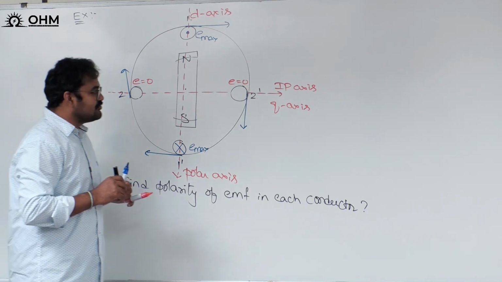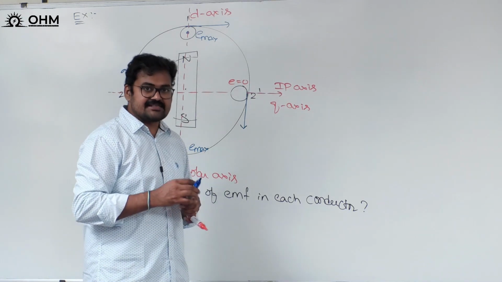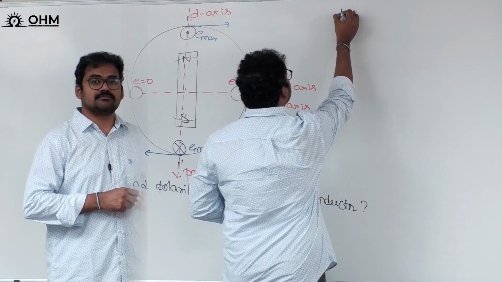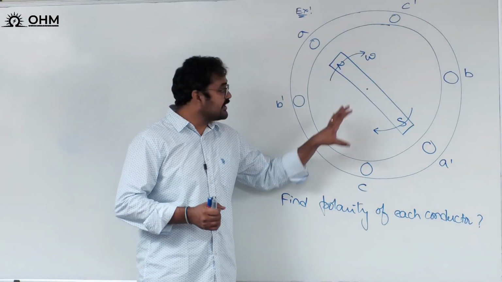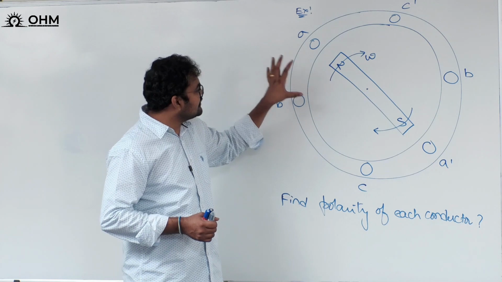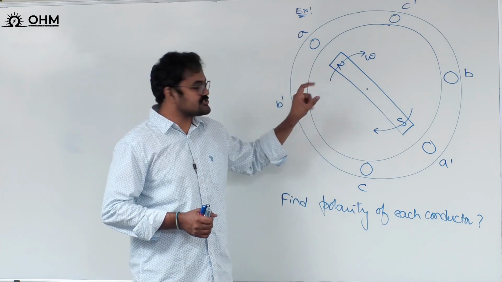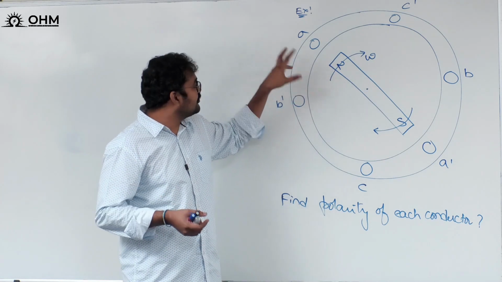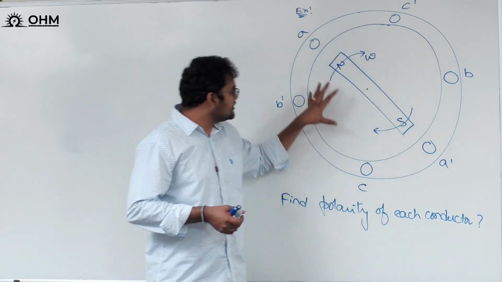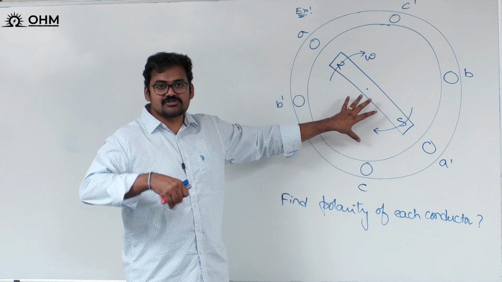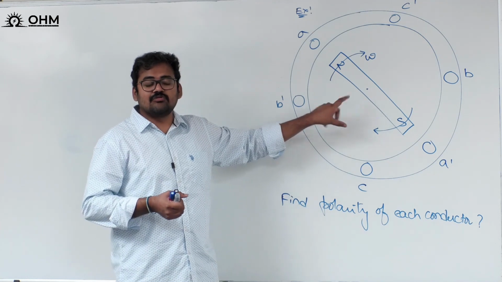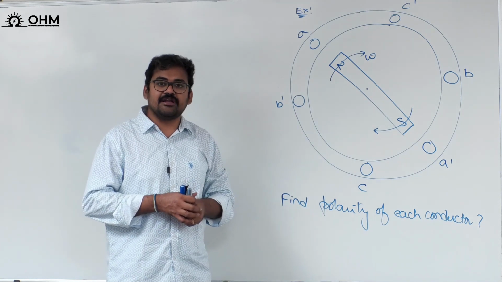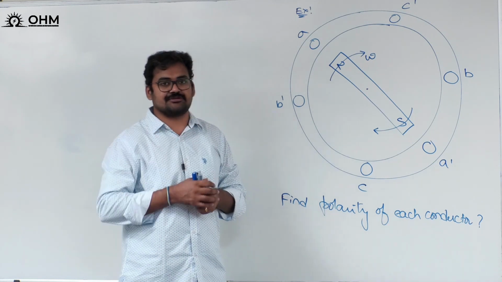Okay. Now let me give you one more question. Take it as a practice. Alright. Now look at this question. Once again we have a two-pole magnetic system and the poles are rotating in clockwise direction. So therefore conductors are stationary and the magnetic field is rotating. Now how to find out polarity? To find out polarity I need the conductor movement direction.